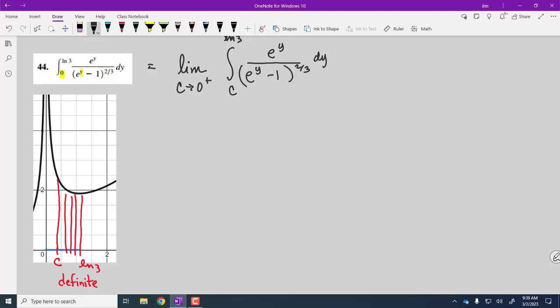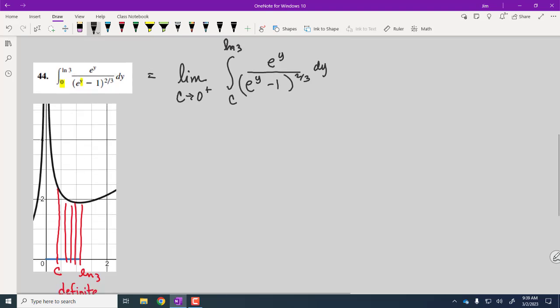And then what integration technique do we think we're going to use here? U sub. That should always be one that you just consider right off the bat if it doesn't have an immediate antiderivative. We'll let u be what's inside the parentheses in the bottom, e to the y minus 1.